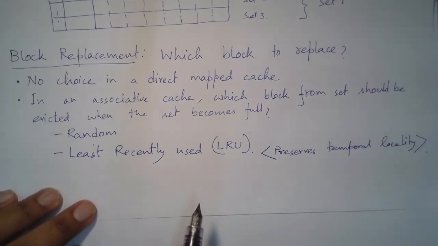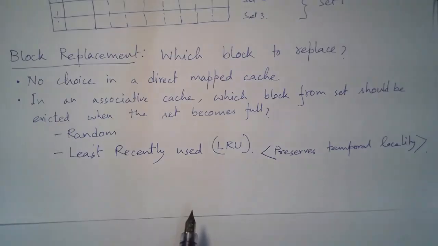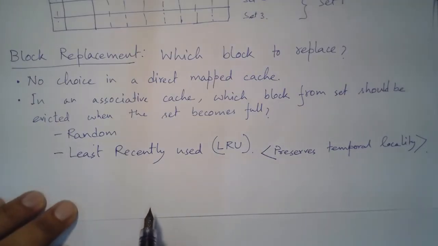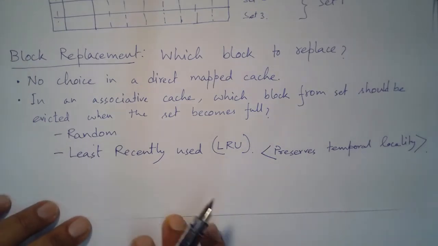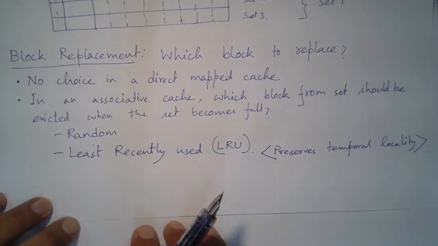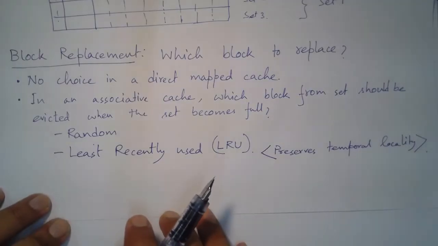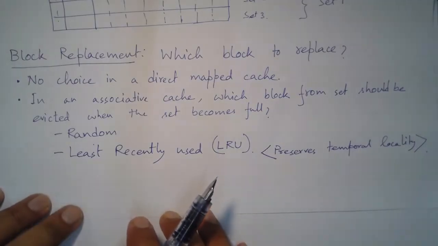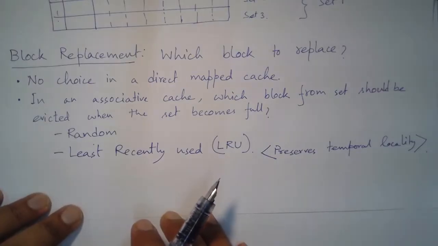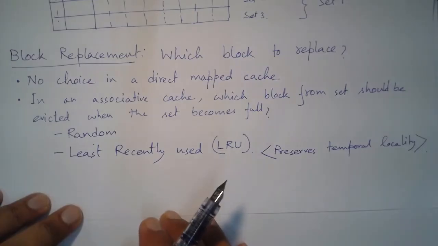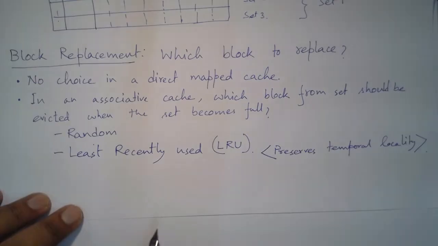So now, is there any challenge in implementing this LRU scheme? There are a few challenges. For example, you need to keep a very close track of the usage of different blocks, and this usage value should be updated very frequently, right?